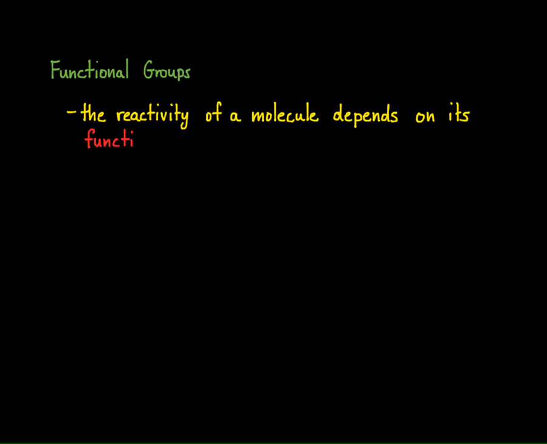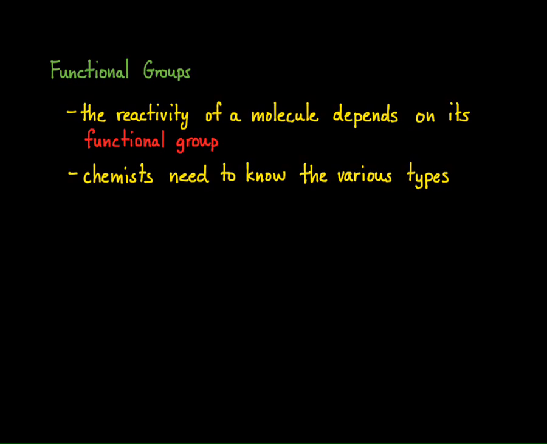And so we group them together, and we're going to see how this plays out. But the important thing is to recognize that the reactivity of a molecule depends on this functional group. So chemists need to know the various types of functional groups.